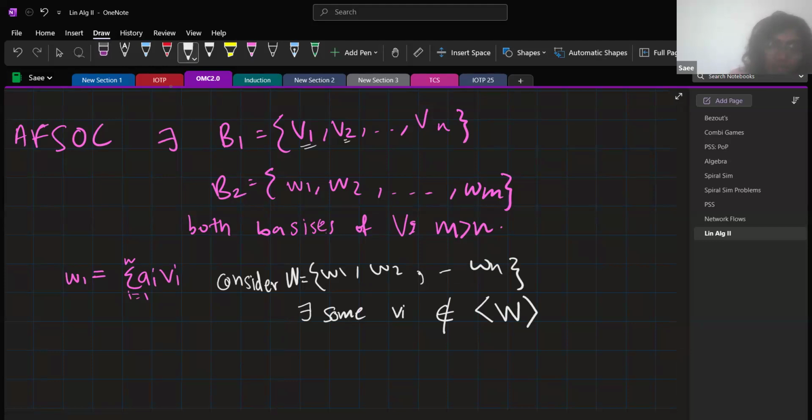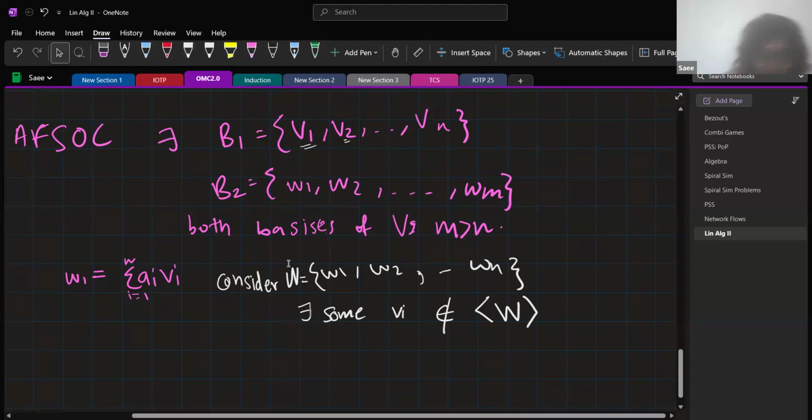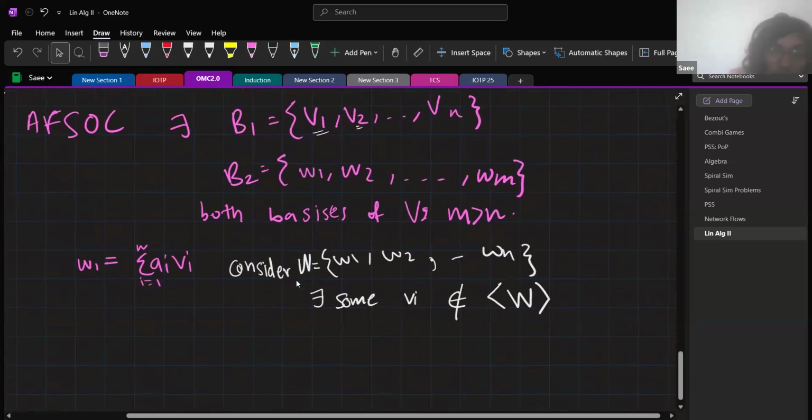We cannot have all the Vi's in this, because if all the Vi's belonged to the span of W, then W would also span the entirety of the vector space.